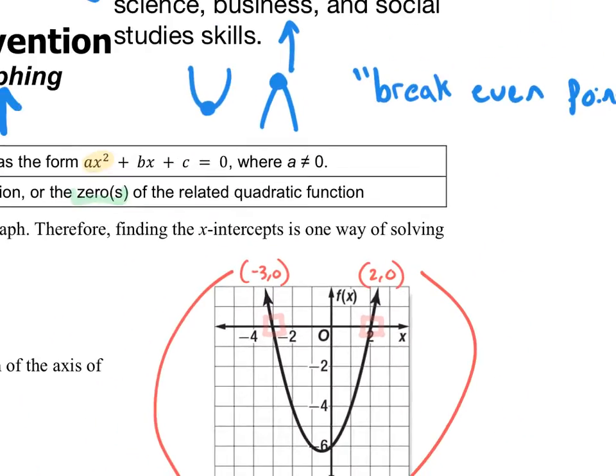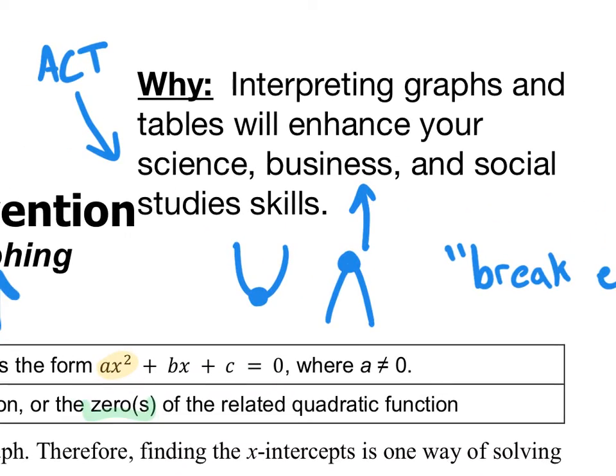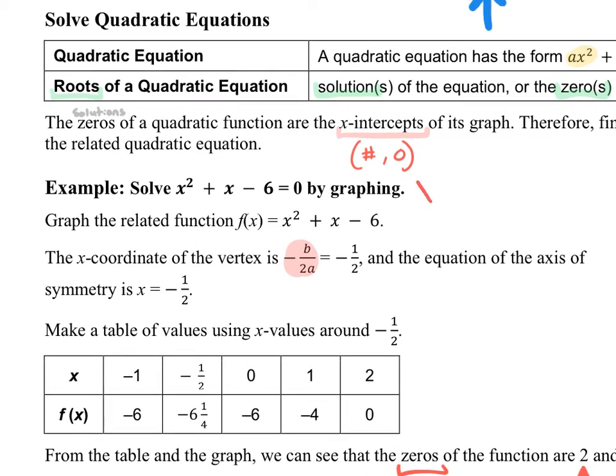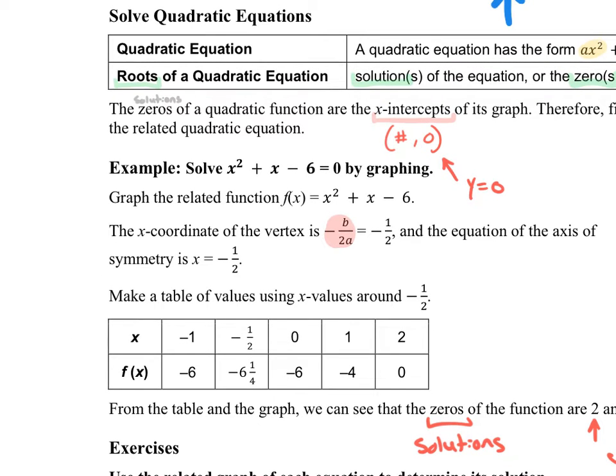It's the x-intercepts. Now, when we're doing it from a table perspective, because I mentioned tables, we're going to use the fact that x-intercepts are always where y is equal to 0. So the way that you find solutions in a table is you look in the y column, or y row in this case, and you look for where the y is 0.